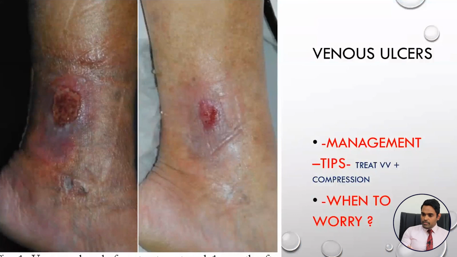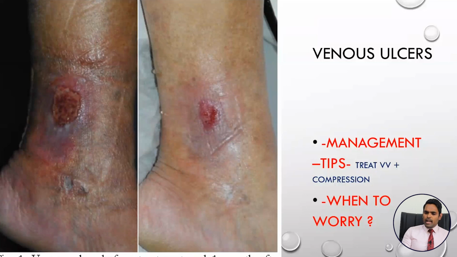First of all, you have to identify the venous ulcer. From medical school days, we know venous ulcers occur mainly in the gaiter area of the leg. Gaiter means the area of the leg which is just above the ankle. Those are very superficial ulcers, not very cavitated, and they produce a lot of oozing or exudate.